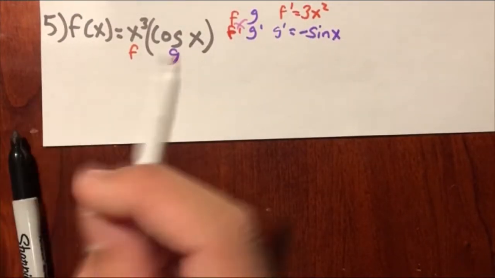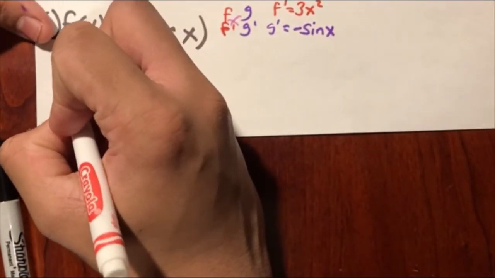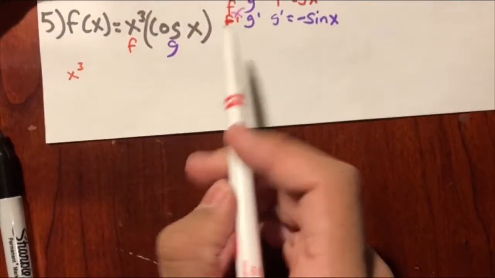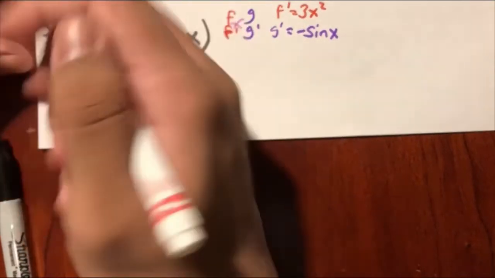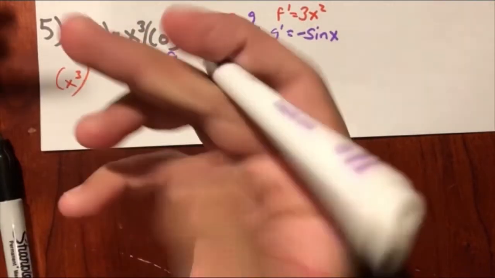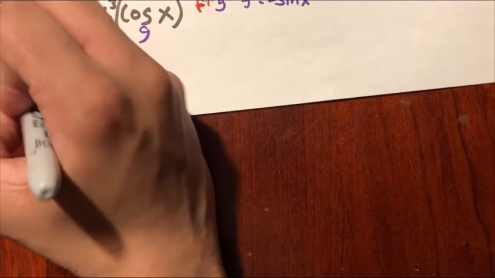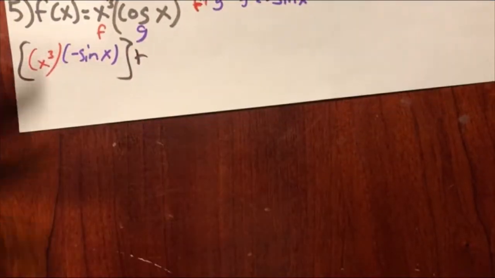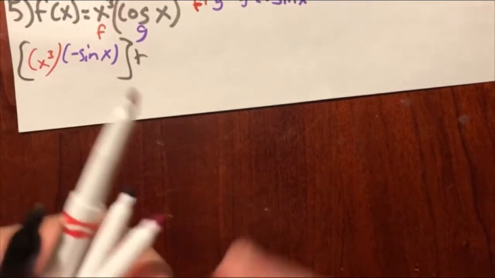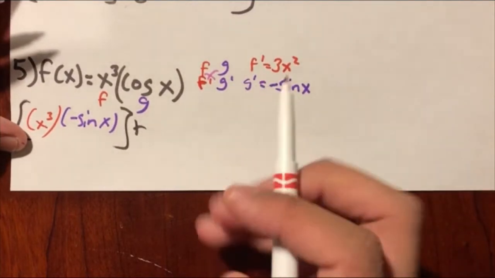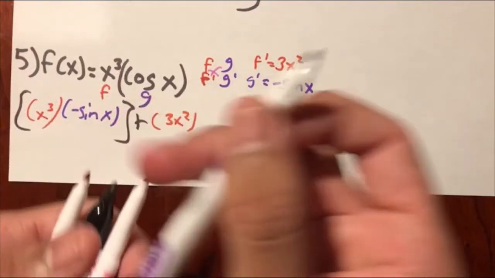Okay, so my original function is x cubed. Sorry guys, I'm really tired today. Times derivative of g, which I found to be negative sine x. And quantize that. Add. And then the derivative of f, which I found to be 3x squared, times the original g, which is cos x.